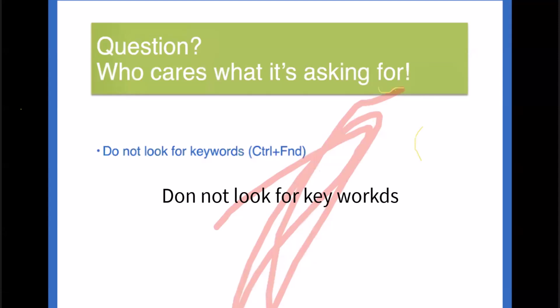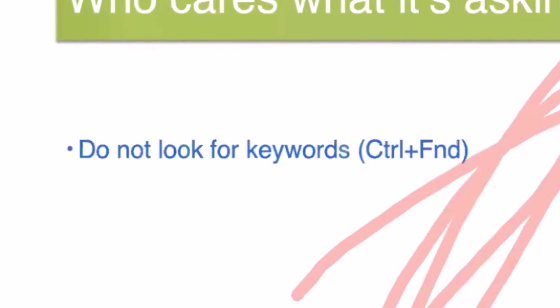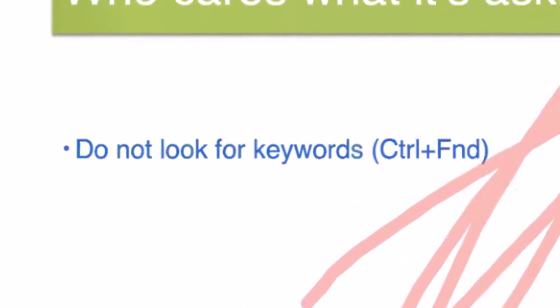Keywords is an expression that I have borrowed from the computer language. Once you get the question paper, that has been my experience at least for the past 20 years, students mentally do a control find, जैसे कि हम कंप्यूटर में करते हैं control find. We tend to do a control find on that question paper, and we look for keywords.